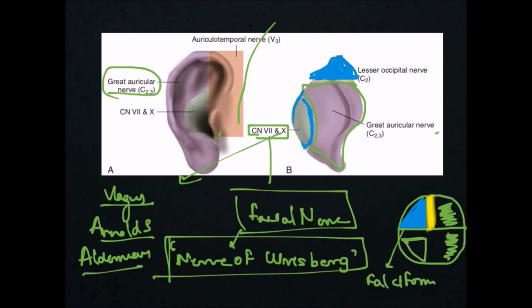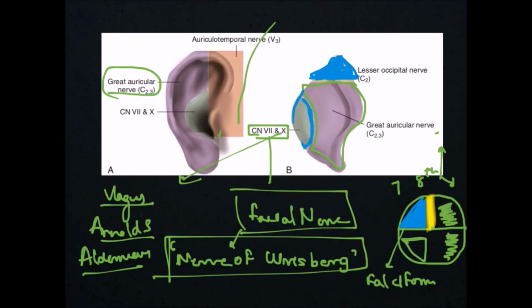So we can say that in the internal auditory meatus there are two nerves, 7th and 8th nerve. 8th nerve has two segments, vestibular and cochlear. So cochlear is present in the inferior part anteriorly. Vestibular nerve is divided into two parts, superior vestibular and inferior vestibular. Superior vestibular is present posterior superiorly and inferior vestibular is present posterior inferiorly.